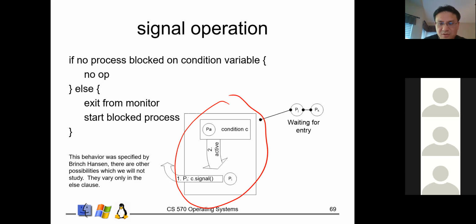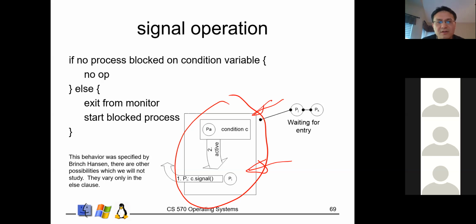Remember, we talked about this critical section, but how do we handle this? When the signal process calls the signal, it would wake up a thread from the wait queue, and that thread wants to enter this critical section.